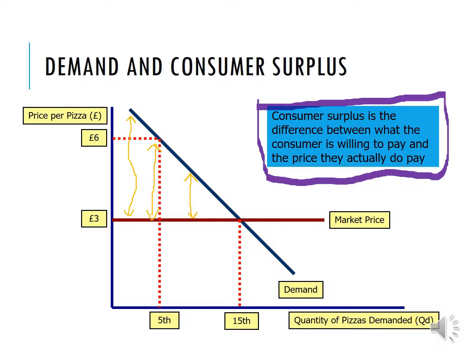If I add together all of these values, I get an area like this. I get this area here, which represents the total consumer surplus, the total area that represents where my value exceeds the price that I pay.